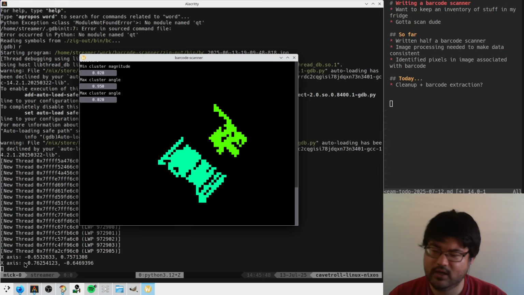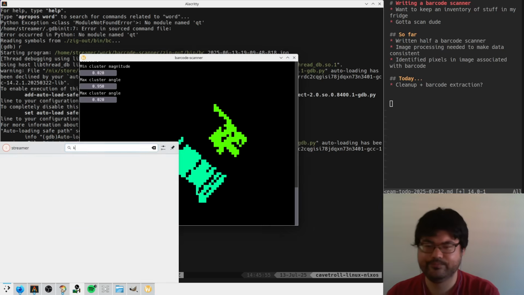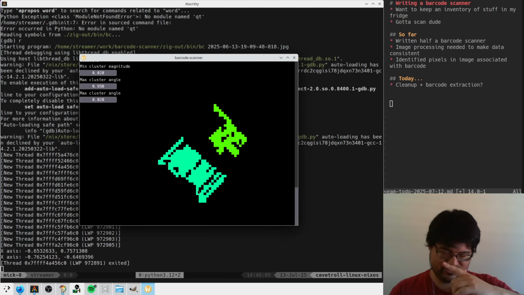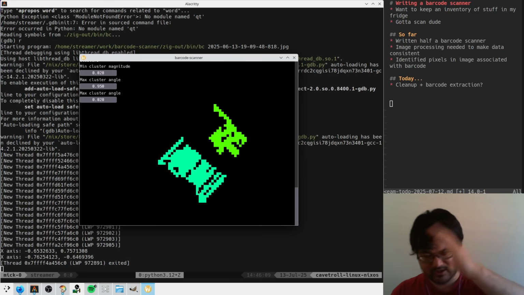So now this guy, his x-axis is negative 0.76, negative 0.64. Which I guess is fairly horizontal, about three quarters horizontal. It's just a little bit tilted down to the left.